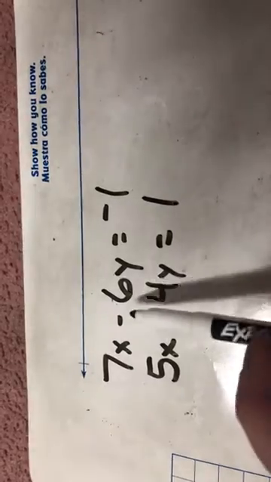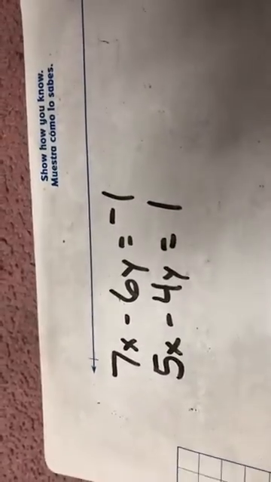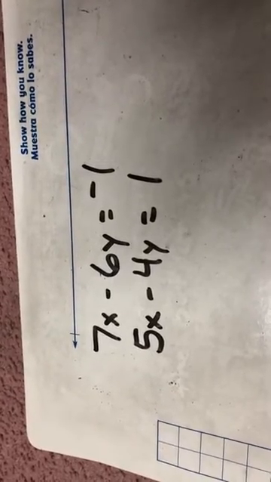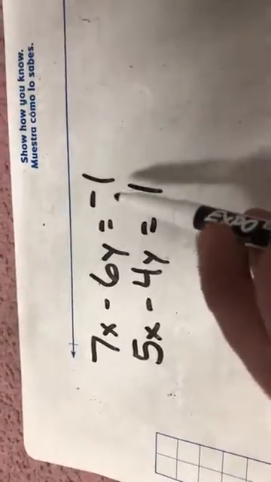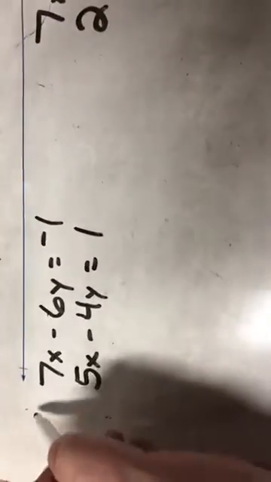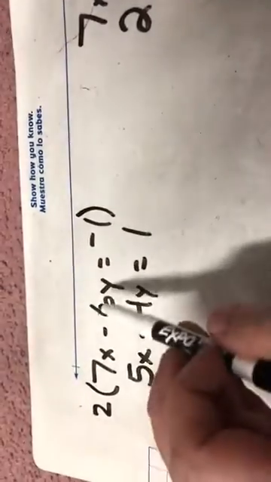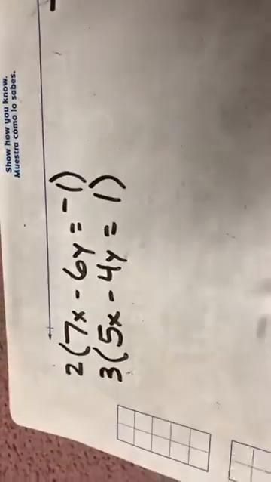But when I look at my negative 6 and my negative 4, or if I'm just thinking about it as 6 and 4, I'm thinking that both of those can go into 12. 12 is a multiple of both of them. And so I can multiply this whole equation by 2 to make that a 12. And I can multiply this whole equation by 3 to make that one a 12.